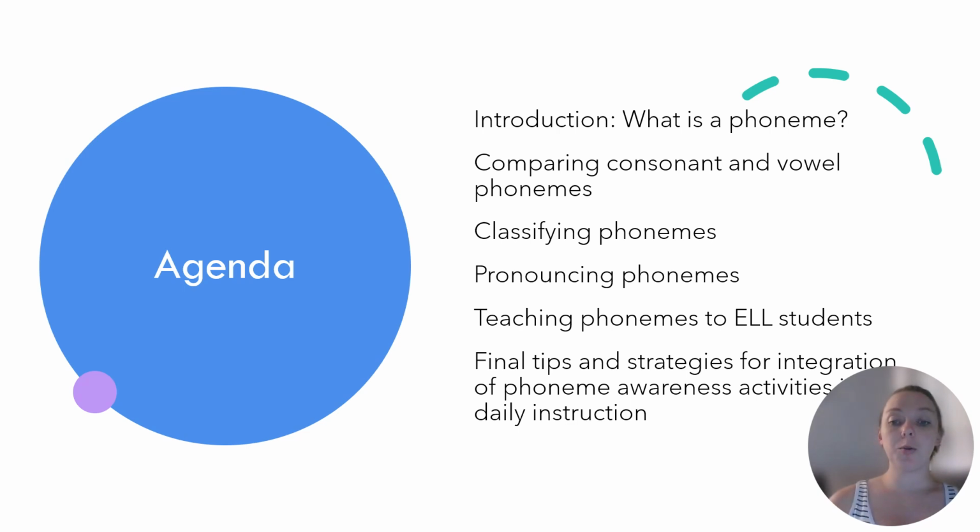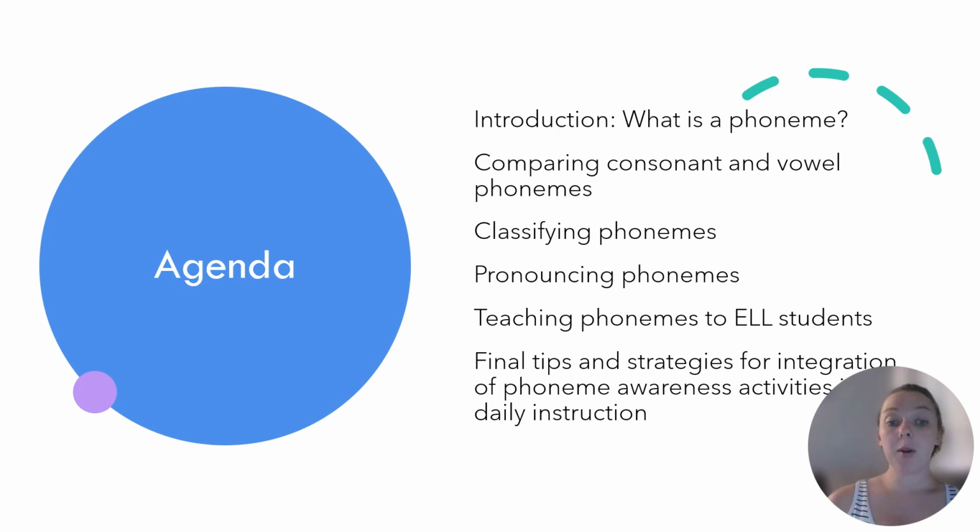We're going to start this off with an introduction. I'm going to give you a definition and a basic overview of what a phoneme is. Then we're going to compare the consonant phonemes and the vowel phonemes so that we can see the differences between the two. Then we're going to classify phonemes and practice pronouncing phonemes together.